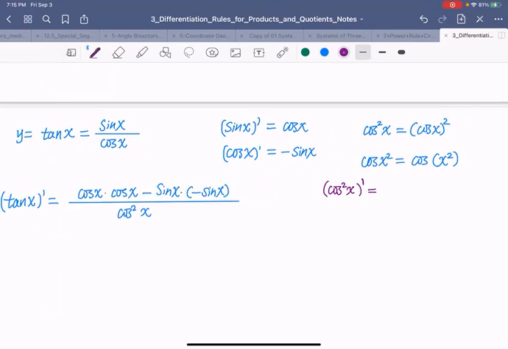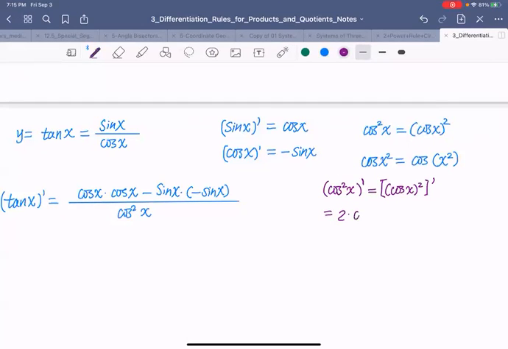Wait. Okay. I think it's like 2 times... What's the outer layer? This guy's outer layer is using the power rule, right? Oh, yeah. You put 2, yes?